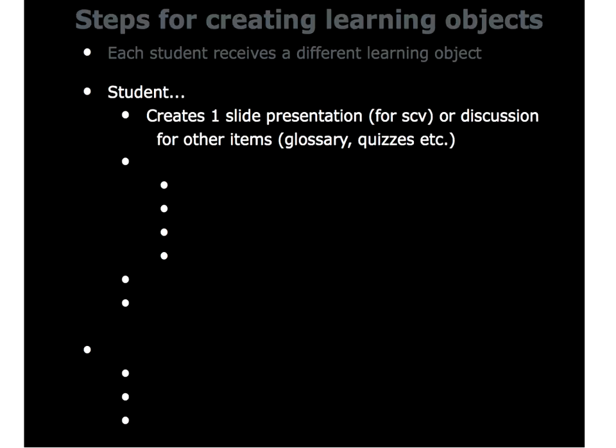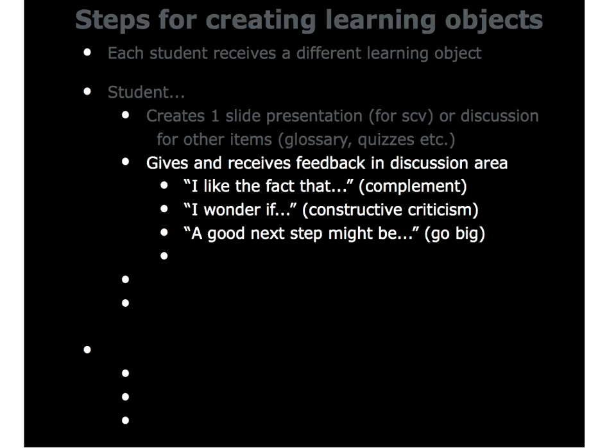What they're going to do first is create a one-slide presentation. Just to make sure, as I said, everything is correct, all the spelling and the math or science. Then they're going to put it in the discussion area of the course, and the students give feedback.